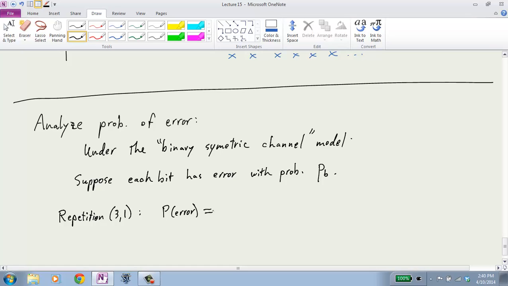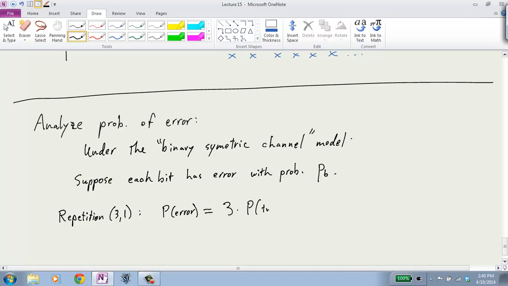So we can calculate this probability by just adding up all the events that lead to error. How many ways can you have 2 errors in a block of 3? There are 3 different ways. It could have been the first one, second, or third. So we have to multiply by 3 times the probability of any one of those sequences.